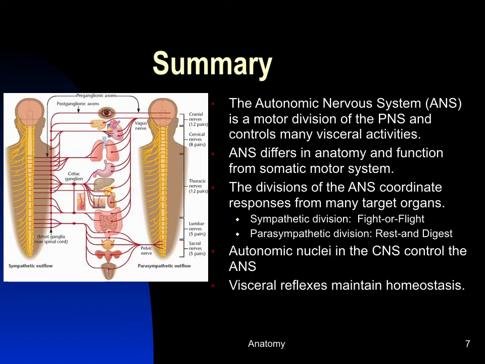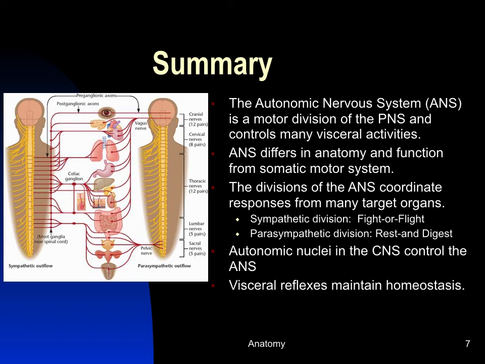So, in summary, the autonomic nervous system is a motor division of the peripheral nervous system. It controls visceral activities. The autonomic nervous system differs particularly in anatomy and in function from the somatic motor system.